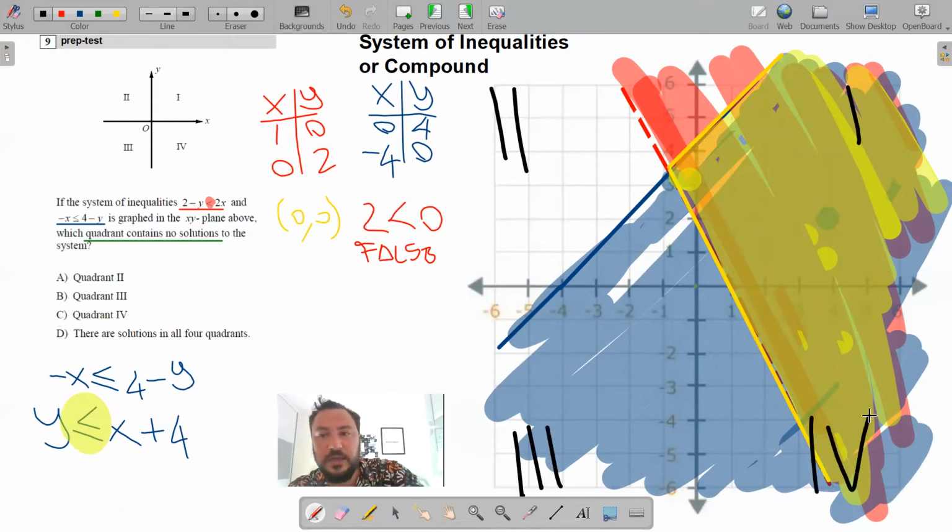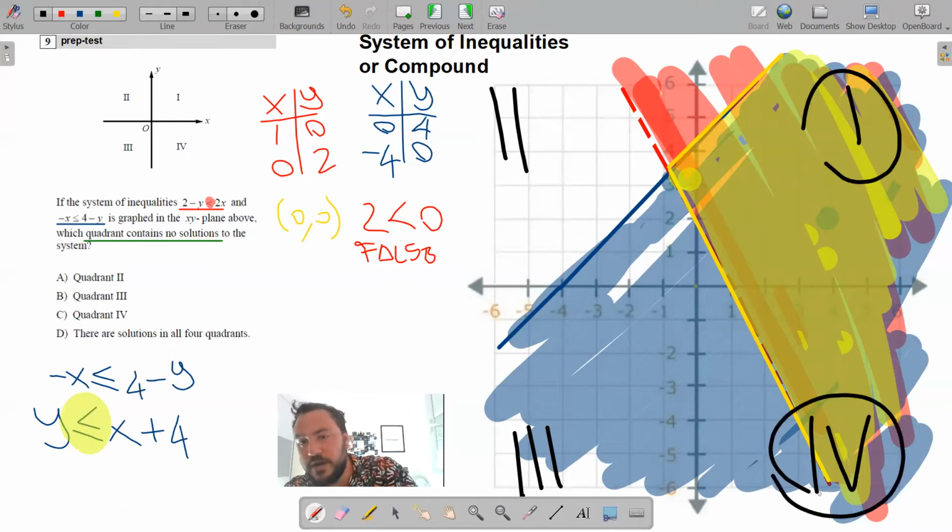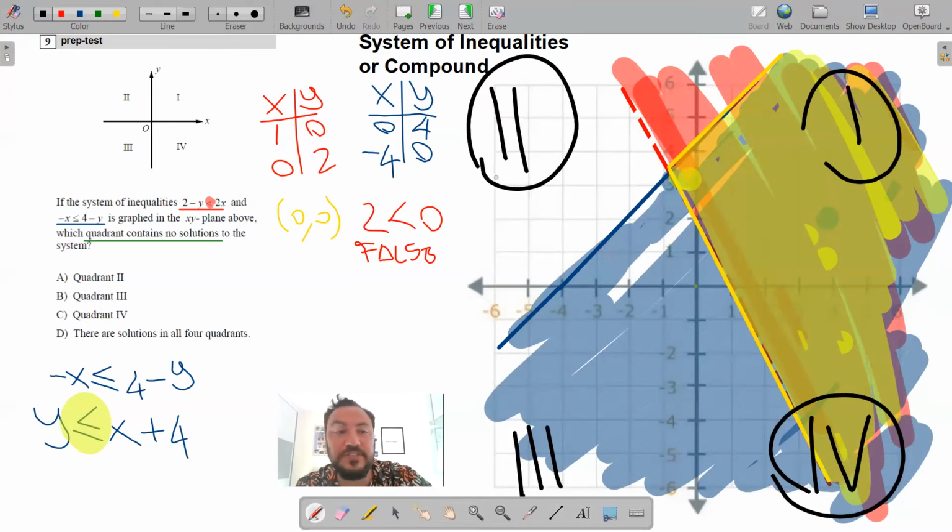Clearly, quadrants 1 and 4 are included. And also quadrant 2 is included because of this little piece right here. So this one is also correct. The quadrant that doesn't contain any solution of the system is quadrant 3. So quadrant 3 will be our answer.